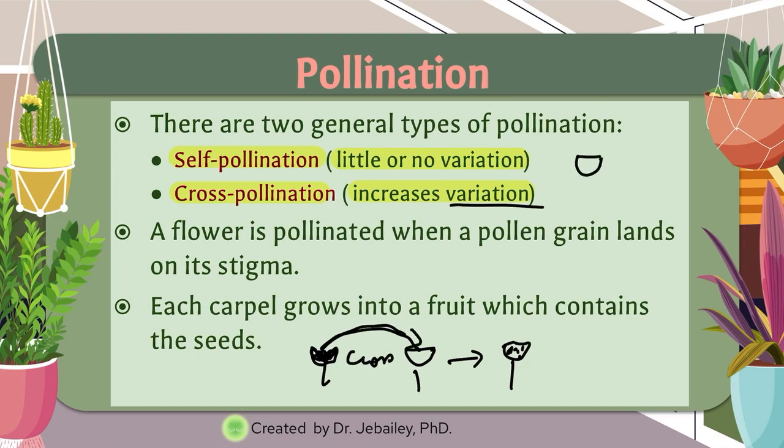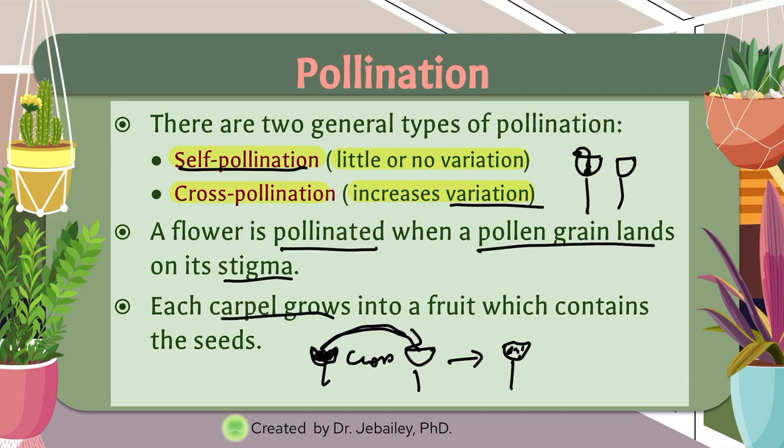But if I have the same flower where the pollen of itself lands on its own ovary, and that means I'm going to create another flower just like it, then that will be self-pollination. So self-pollination means the own sperm on the own egg. Cross-pollination means the sperm of one flower moving to the next flower. So in the end, the whole fertilization basically starts with pollination, which goes from the pollen going to the stigma.